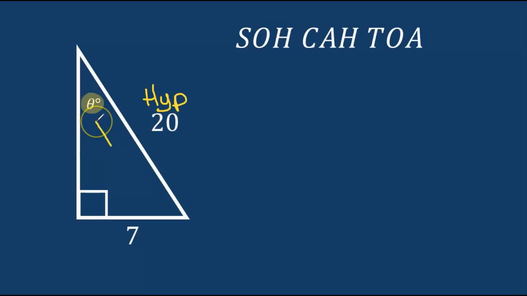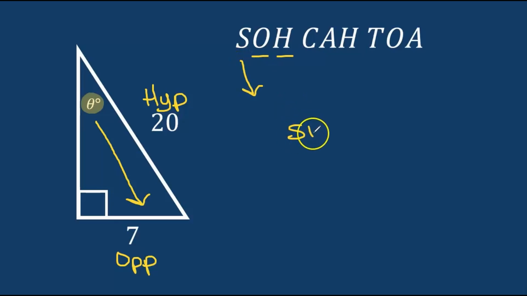And this is opposite the degrees. So I have opposite. Since I have an opposite and a hypotenuse, that's going to let me use sine. Now, of course, our degree is missing. So I'm going to put theta here. Opposite over hypotenuse is 7 over 20.